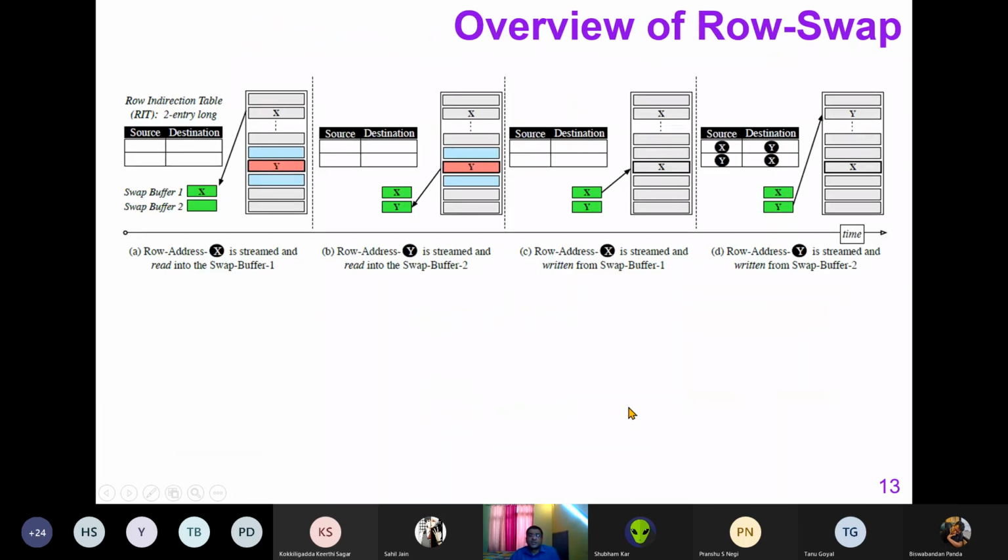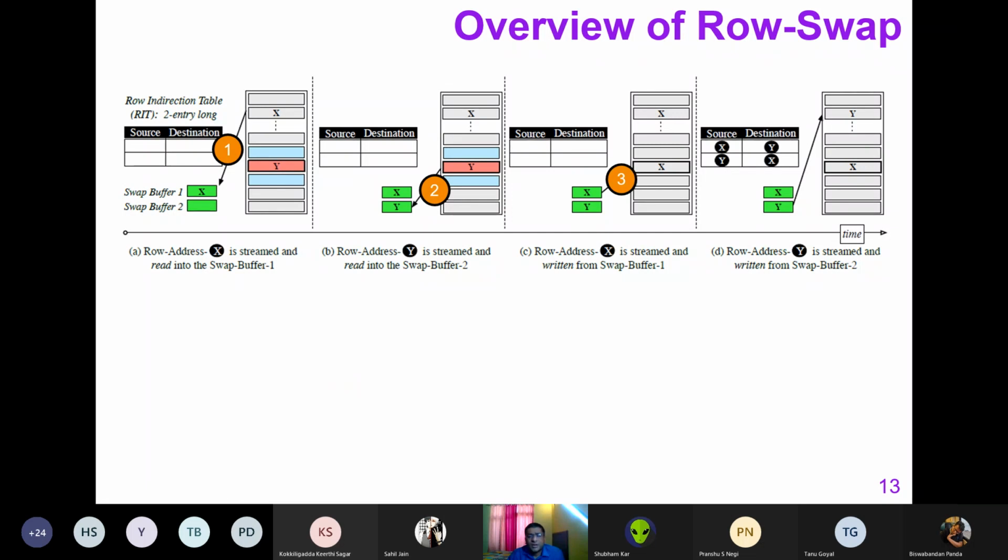Now let's try to understand how this row swap is happening, and there is a row indirection table. If you see the left side of the figure, row X and Y are identified, then row X's content is copied into a swap buffer, and this swap buffer is inside the memory controller. At the second stage, they are copying the content of row Y to another swap buffer, which is also in the memory controller.